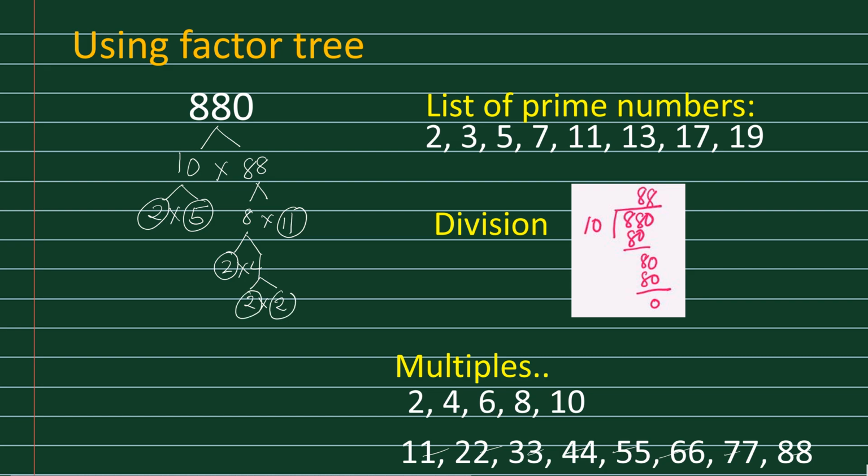So our prime factors are 4 pieces of 2, 2 times 2 times 2 times 2. Then we have 5 here. Then we have 11 here. So these are the factors for 880.